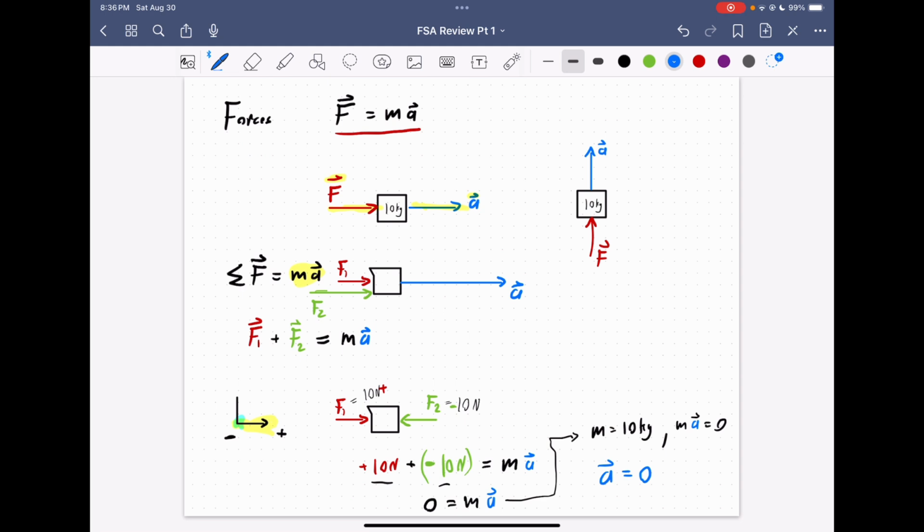Therefore, we can draw an important conclusion from this, which is equal and opposite forces cancel out, right? So this is a pretty fair summary of forces.